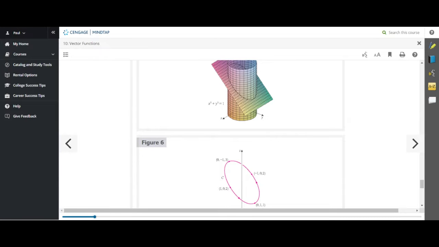Well, two planes, if they're not the same plane, are going to intersect in a line, and that line is itself a space curve. That's true. So we're doing a similar exercise here. It's just we have a plane intersecting a cylinder, and the space curve, the intersection of those two surfaces, happens to be that ellipse or oval.